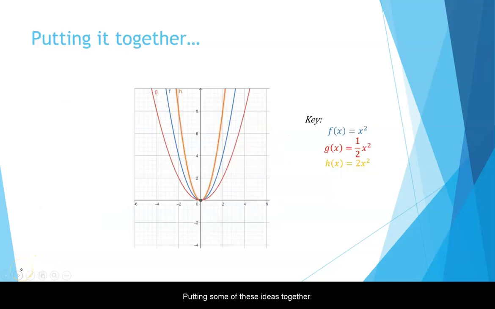Putting some of these ideas together, this is multiple graphs right here. So we had f of x equals x squared. That was our center blue line. That was what I called our parent function. Then when we multiplied it by 1/2, the growth was slower. It didn't change as quickly.